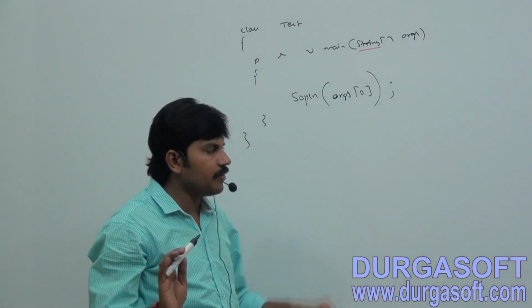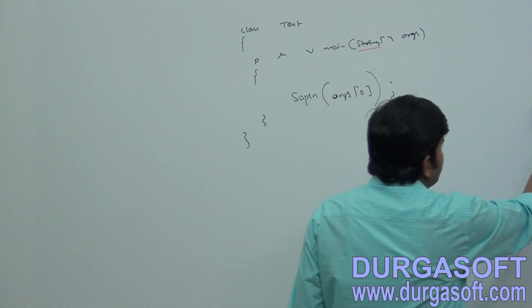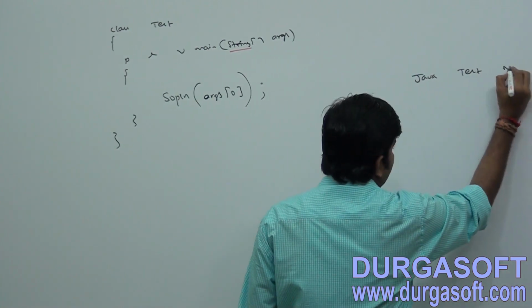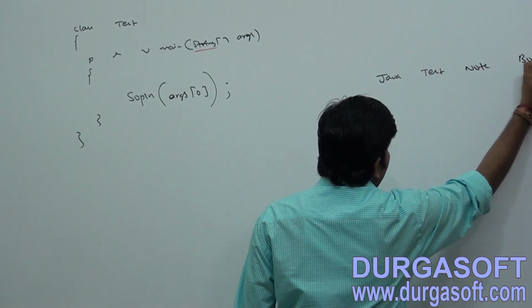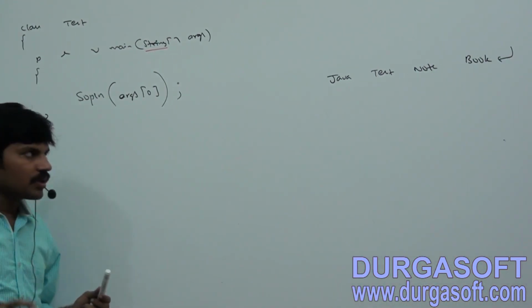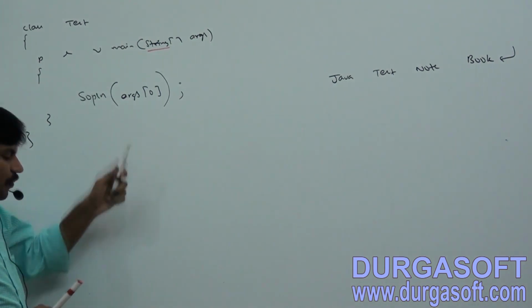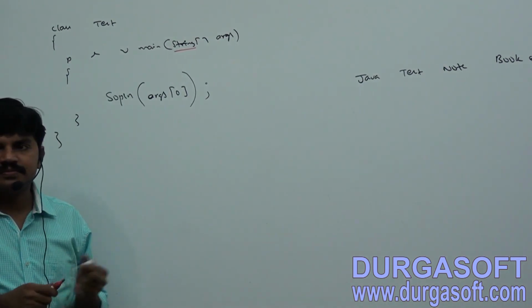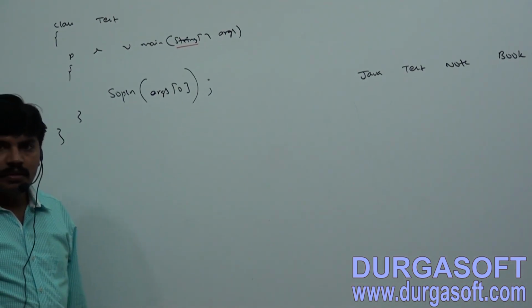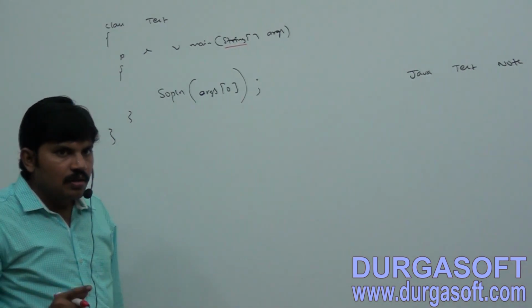Now my invocation is Java test note book, like this I am taking. Can you tell SOP of args of 0, what is the answer? Note or notebook?